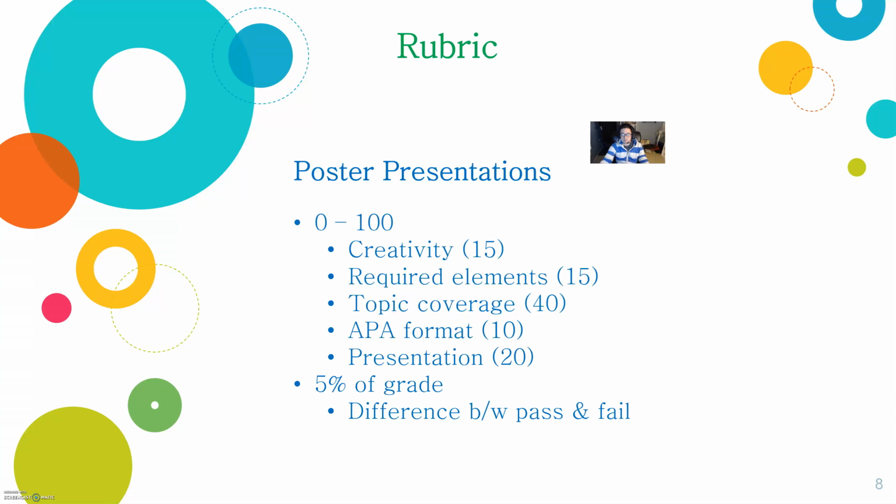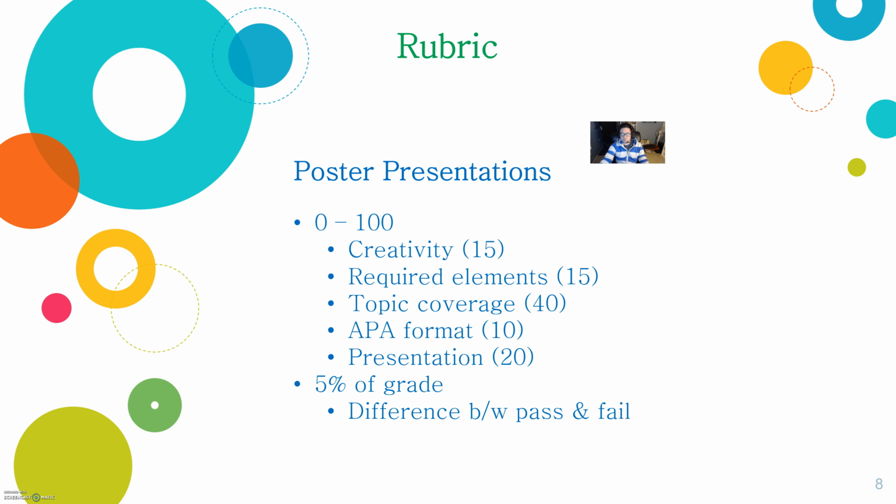Creativity will be 15 points. The required elements, so that's having the title, the APA references, all those different things, that'll be 15 points. The topic coverage will be 40 points because that's the major part. It's the content part, and you just want to make sure that they have a wide breadth of that. And then the APA format will be 10 points, and then the presentation itself will be 20 points.